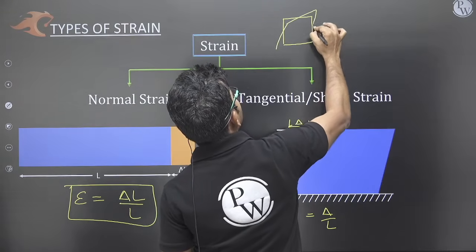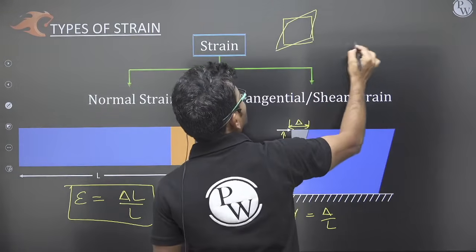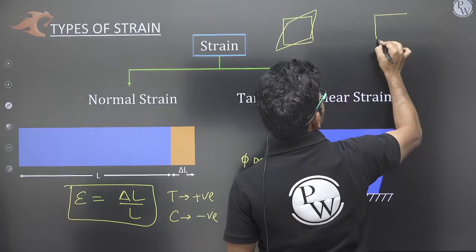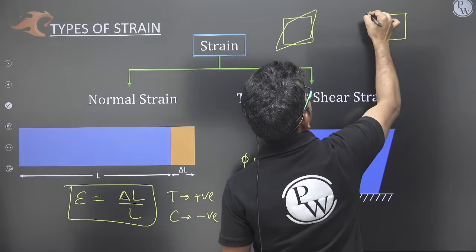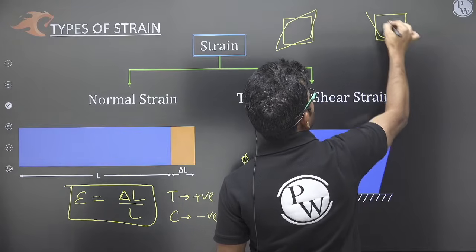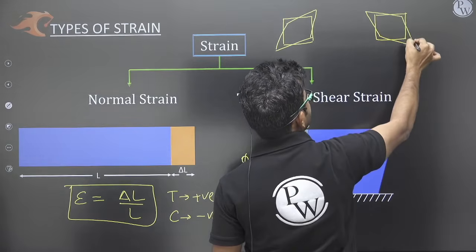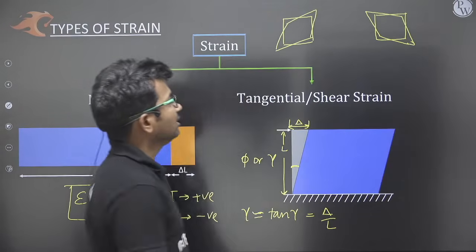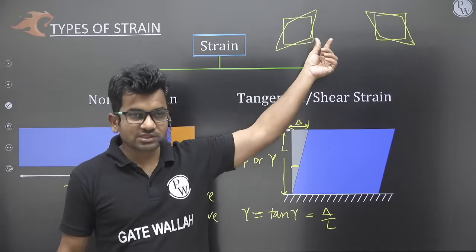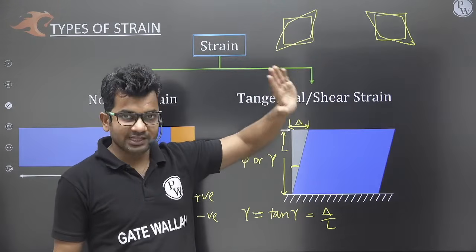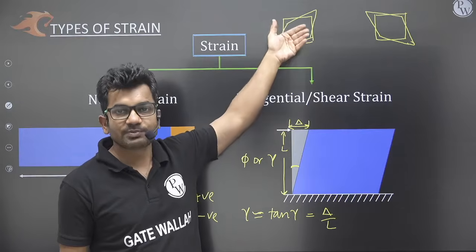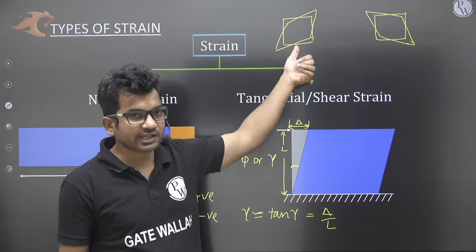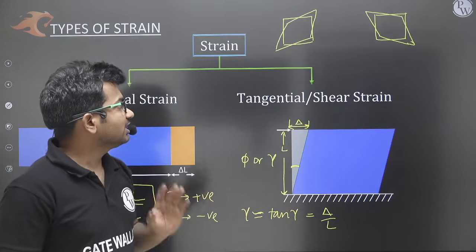The distortion can occur like this, or the distortion can occur in the opposite way like this. So these are the two types of distortions that can take place due to shear. Okay, it looks like the lengths are changing, but lengths will not change. It is just while I am representing it that it looks like the lengths are changing. So lengths are not changing.